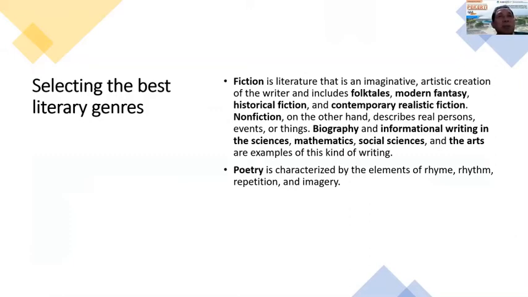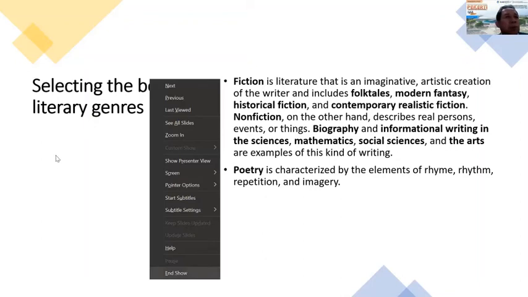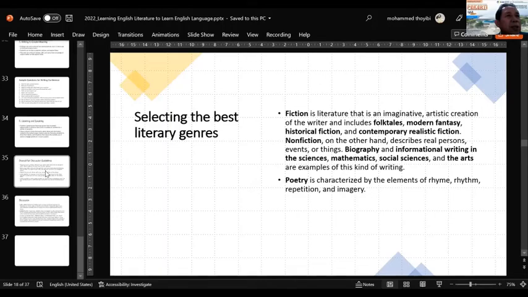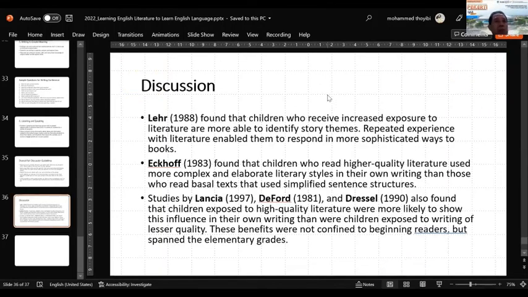Let me jump to the discussion. I think this is very important. According to Law 1988, children who receive increased exposure to literature are more able to identify story themes.